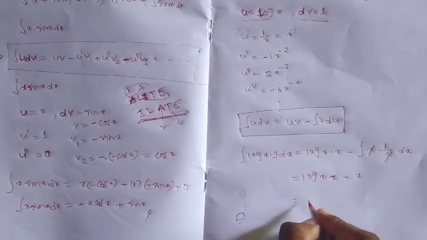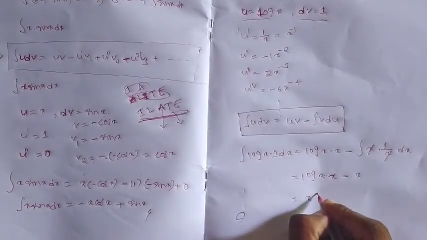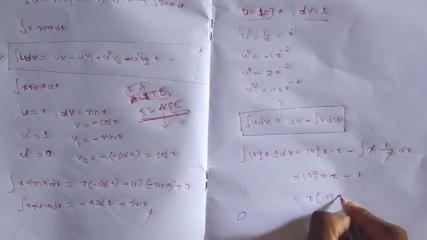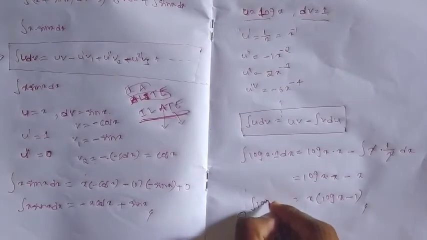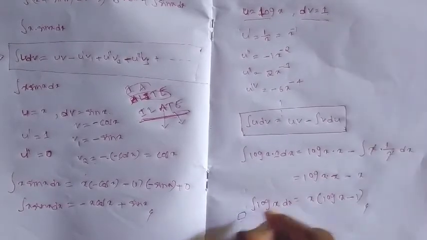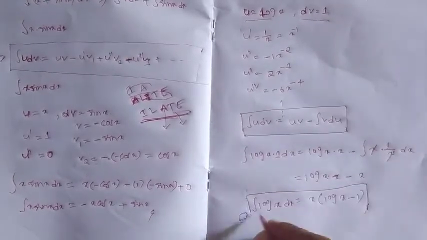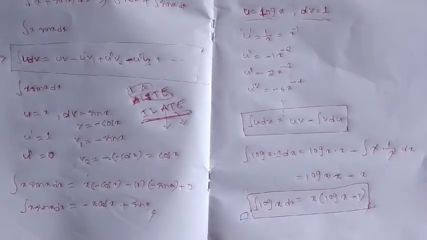So here we can take x common, we get x into log x minus 1. This is the integration of log x dx. In this way we can solve the integration of log x.